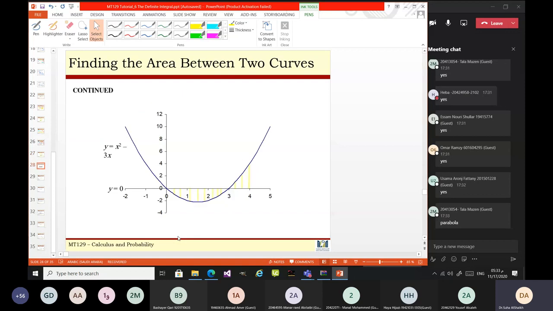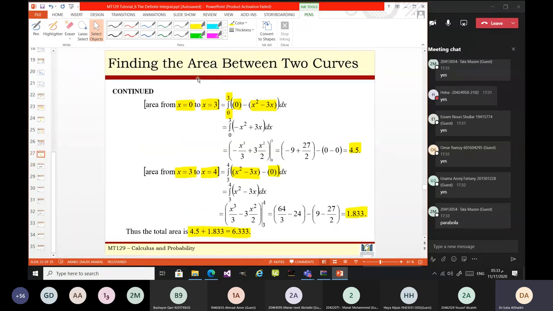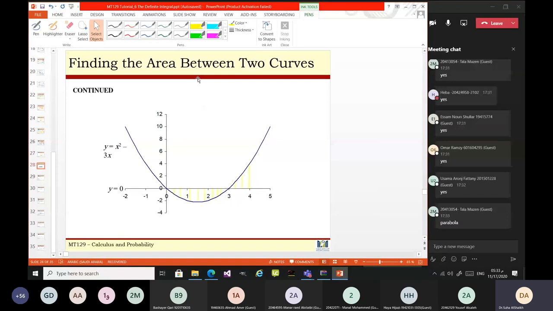Okay, you can see it clearly here. The integration details are in the slide already, and we know now how to find the integration and how to substitute with the endpoints. This is the parabola and this is the axis, the area from 0 to 3 and the area from 3 to 4. This is the curve y equals x squared minus 3x, and this is y equals 0, which is the x axis.